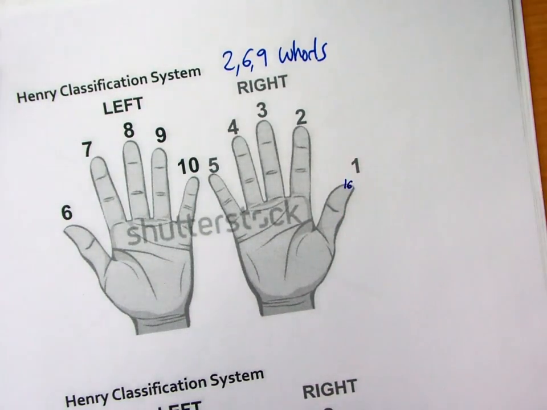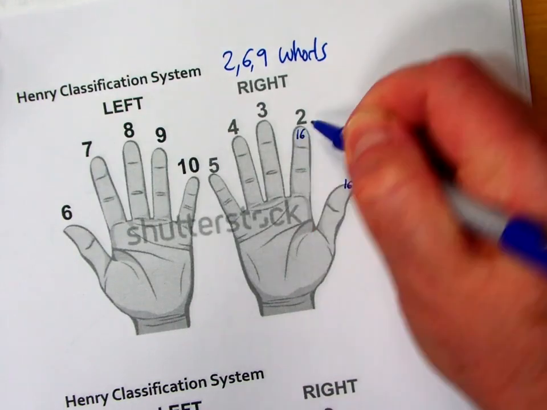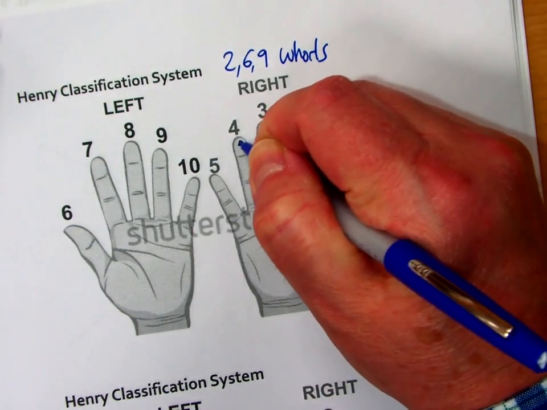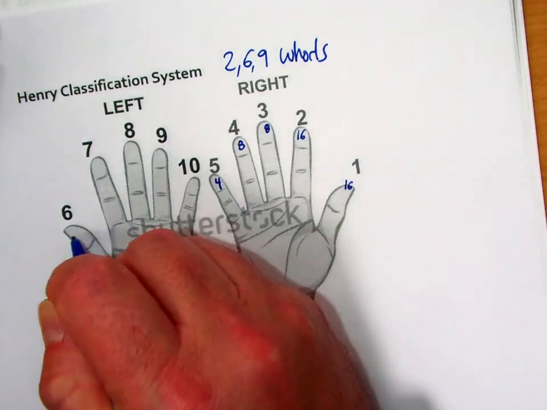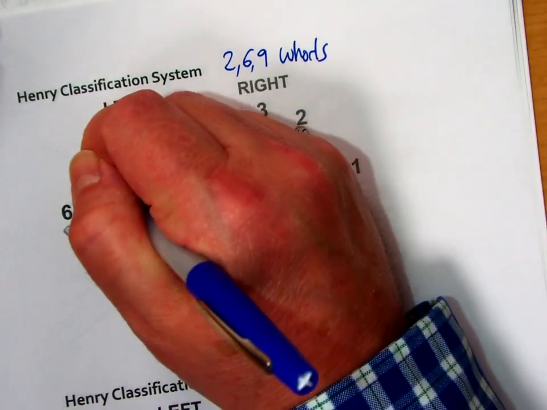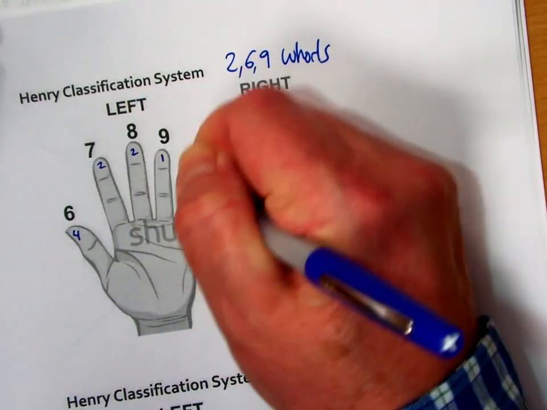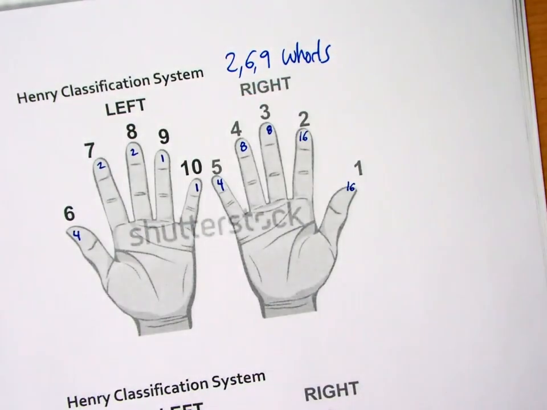They have a possible value of 16, 16, 8, 8, 4, and then we go over to number 6: 4, 2, 2, 1, 1. These are possible values. So the finger does not earn that value unless there's a whorl on it.